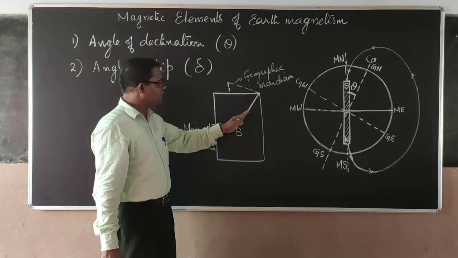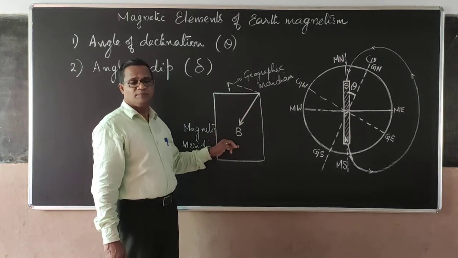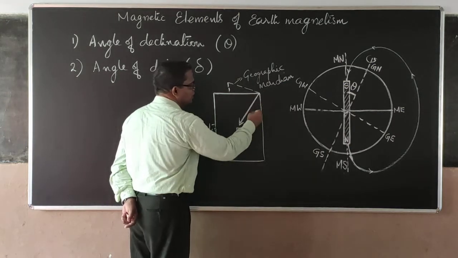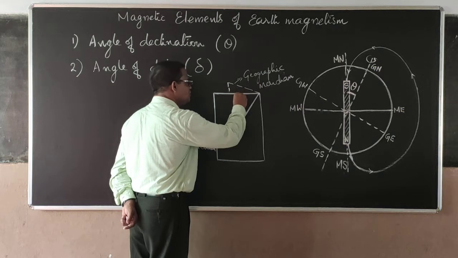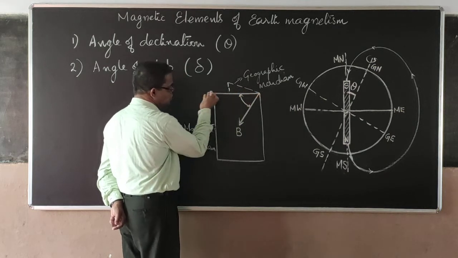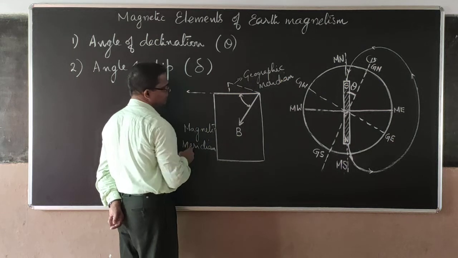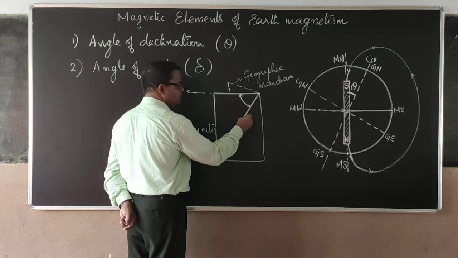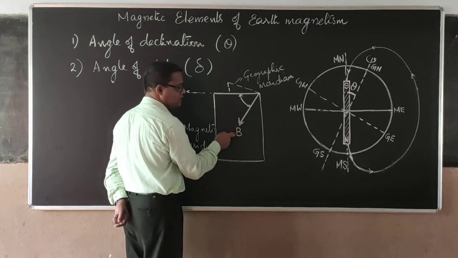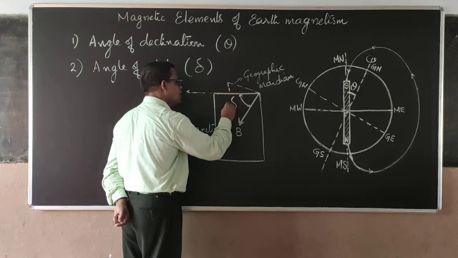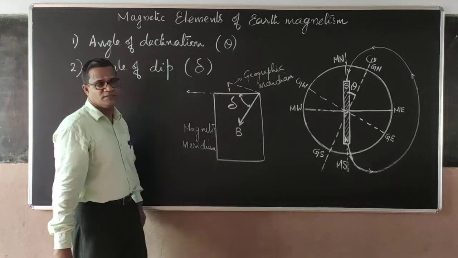So this is the direction of the magnetic field at the place. Then, if the needle aligns this way, you can assume an angle here between the horizontal and the net value of magnetic field at the place, and this angle is called the angle of dip at the place.